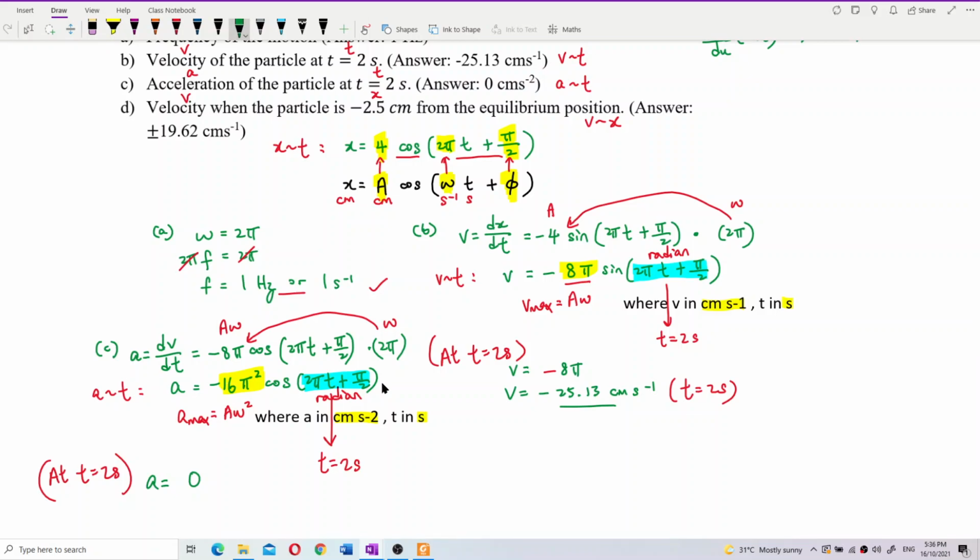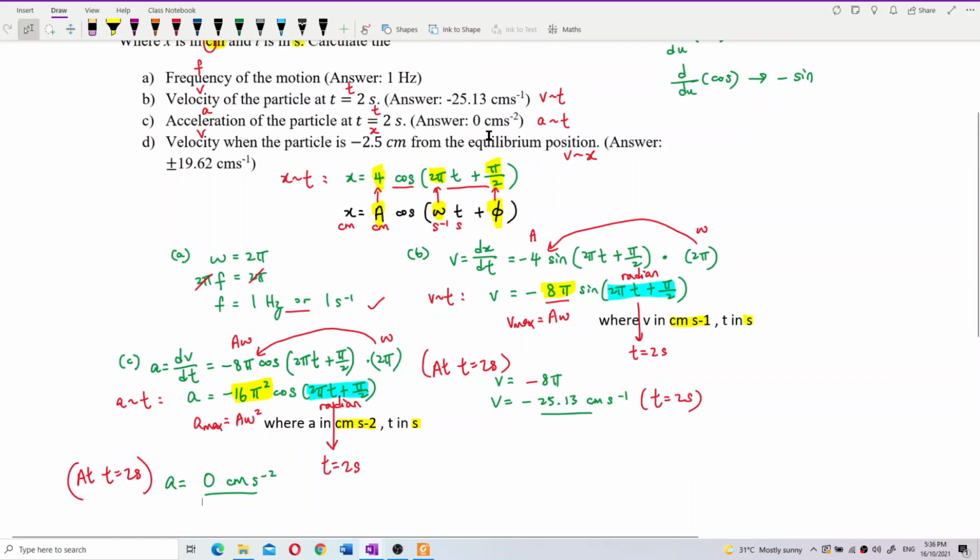So the unit is centimeter per second square. This is the acceleration at 2 seconds. Okay, is the answer correct? Yes, it's 0 centimeter per second square. That's correct. Okay, this one also correct. Remember this one must be in radian.